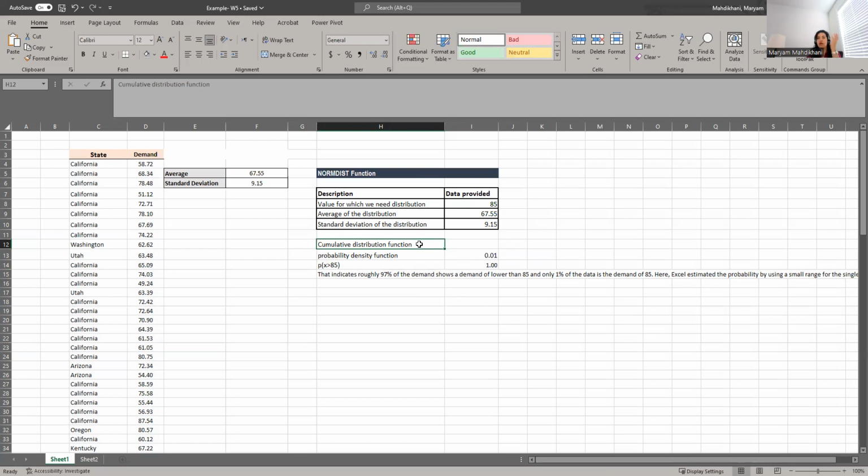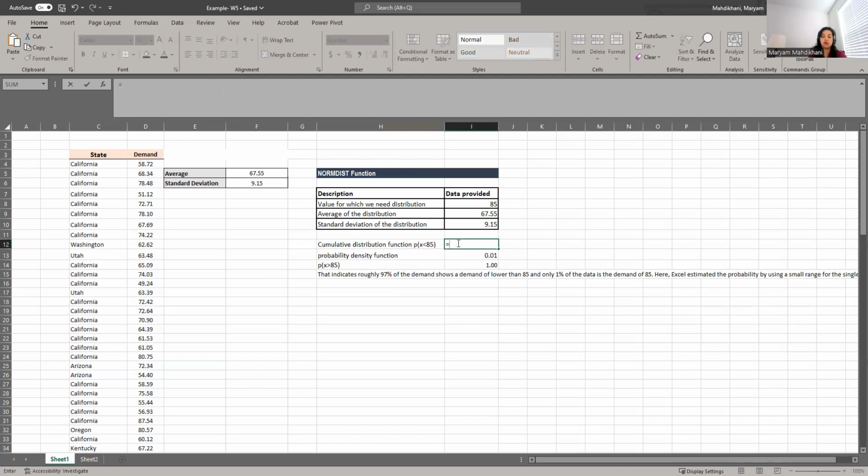Let's say we have this number 85, and I want to see how much of the data set it is higher than. So I want to find the probability that any x I choose is less than 85.